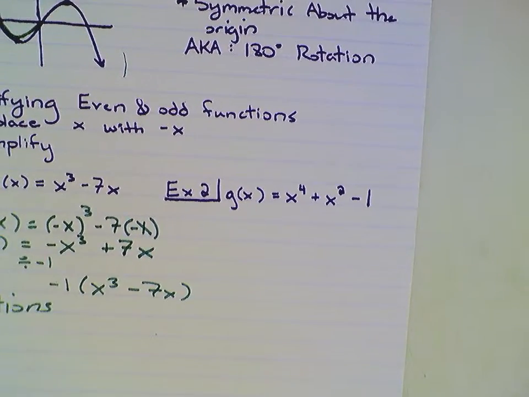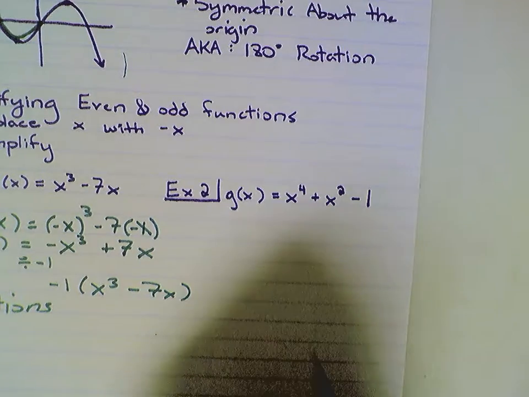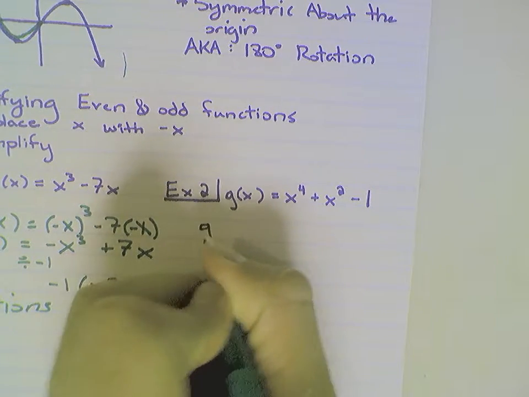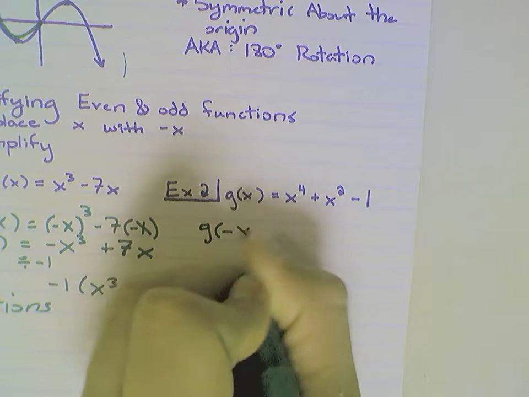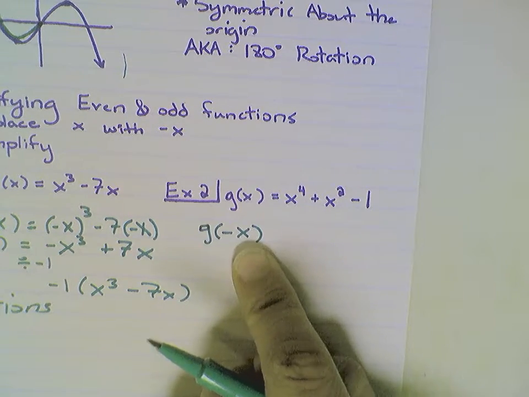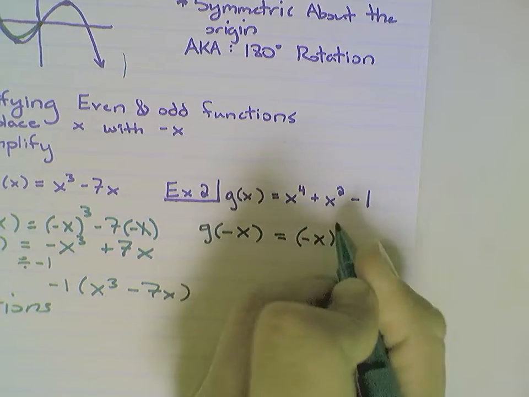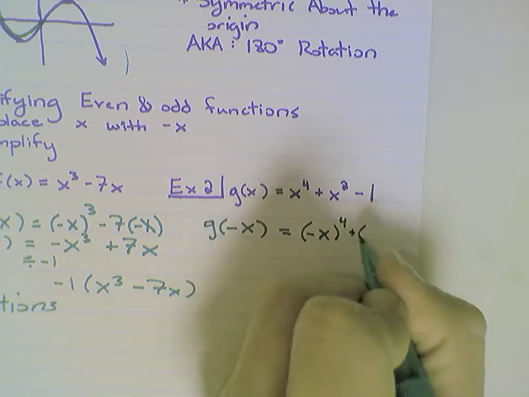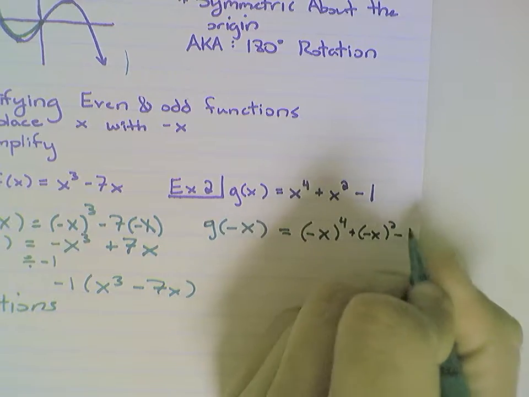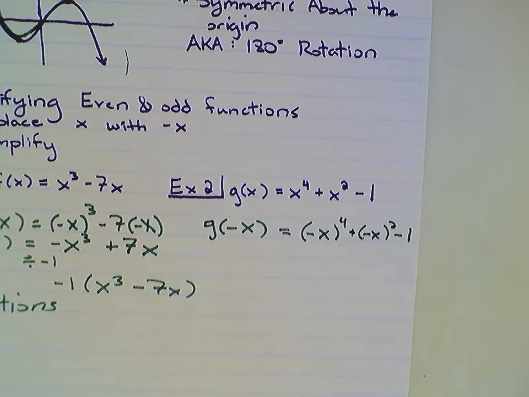So suppose, in example 2, I have g(x) = x^4 + x^2 - 1. Once again, I'm starting off by switching every x value with negative x. So I have (-x)^4 + (-x)^2 - 1. And then I just simplify this.